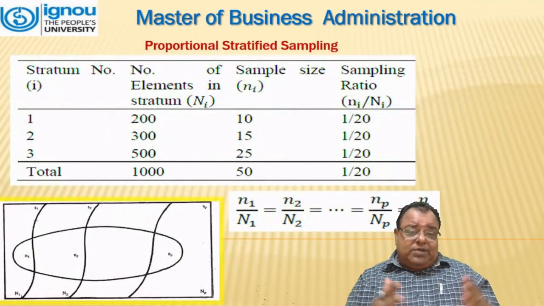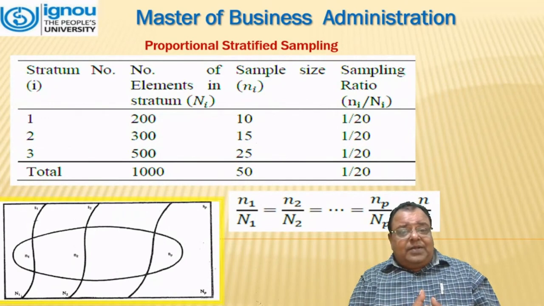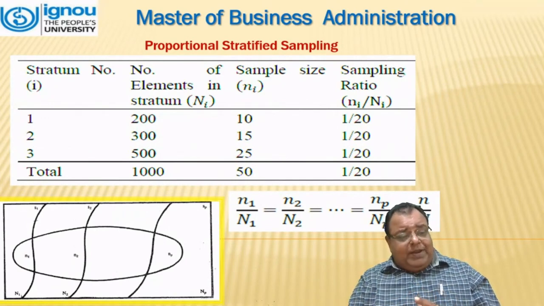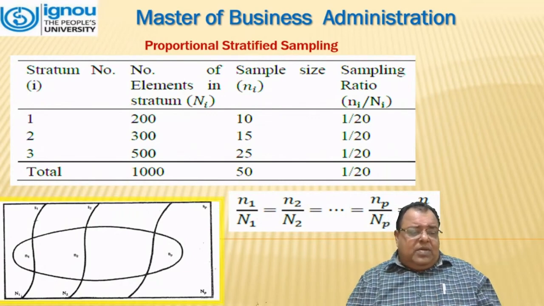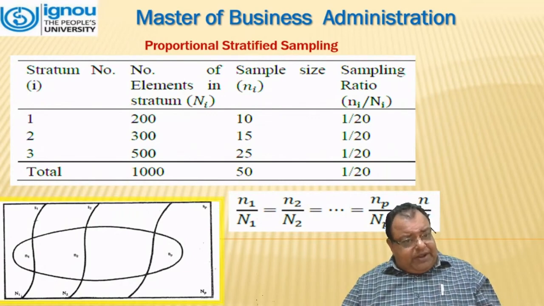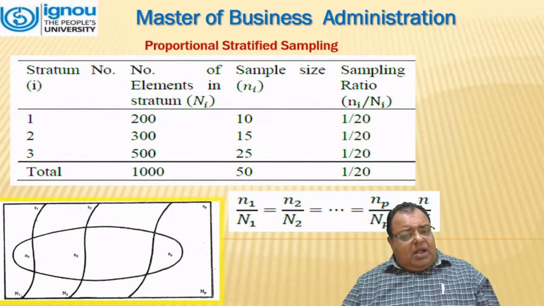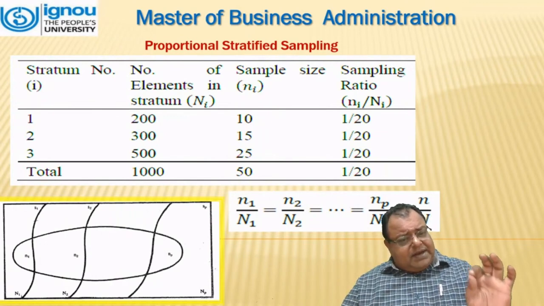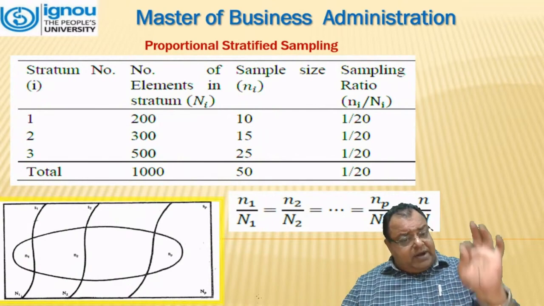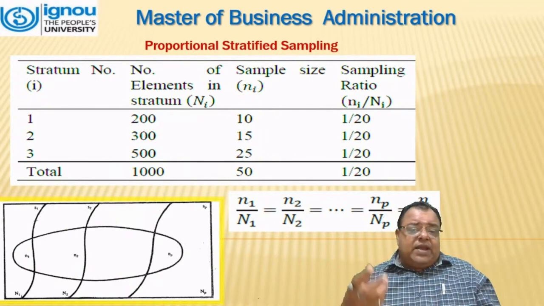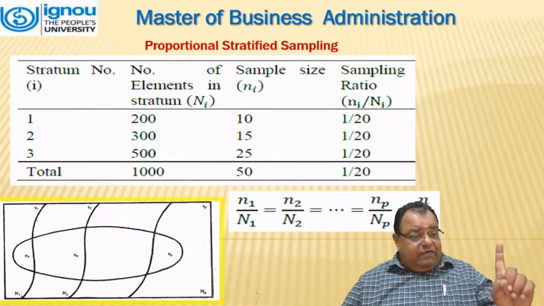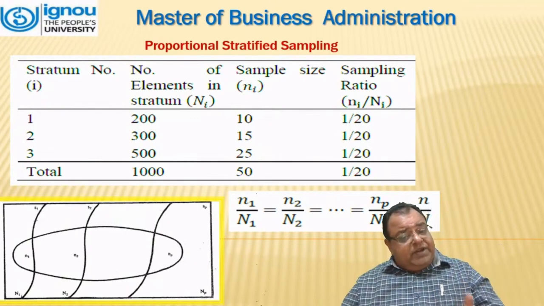Now we will see how what we have discussed mathematically comes into application. We have stratum number 1, 2, 3. Number of elements or sampling elements in these strata are 200, 300, 500, total is 1000. We are taking a sample size of 10 from the first stratum and 15 from the second and 25 from the third.